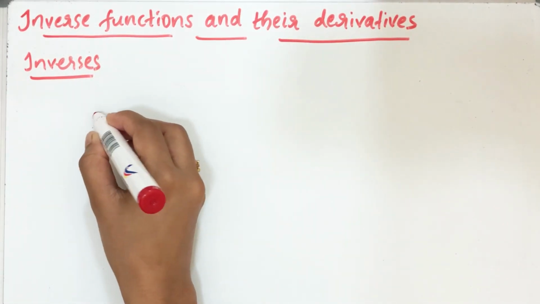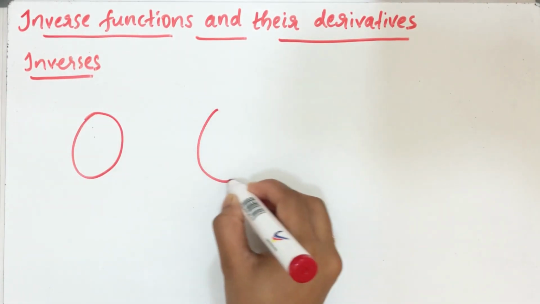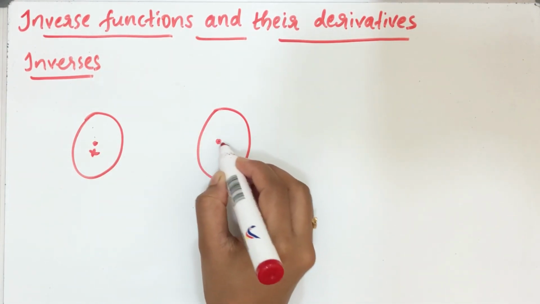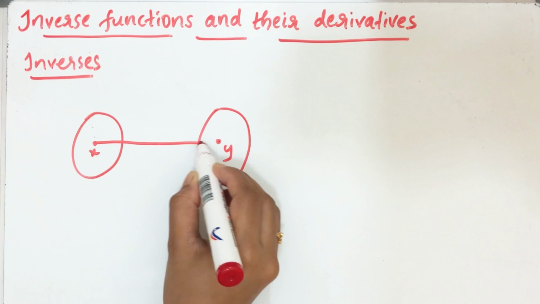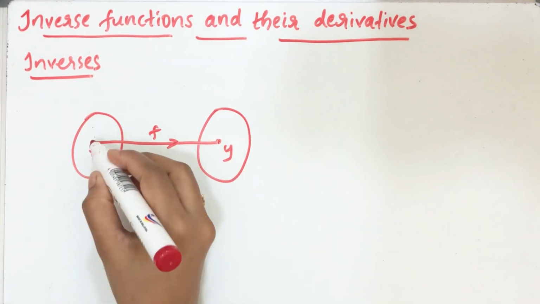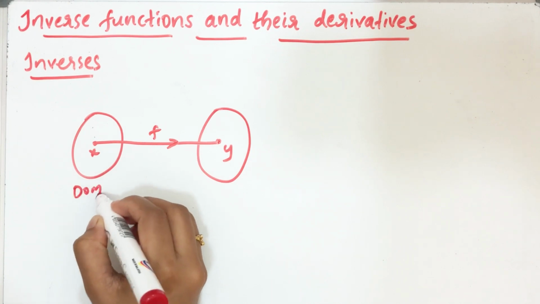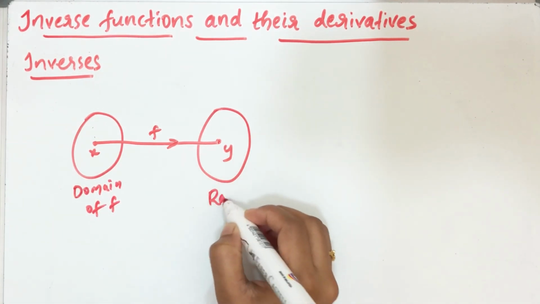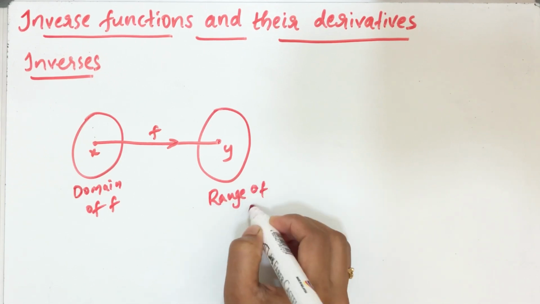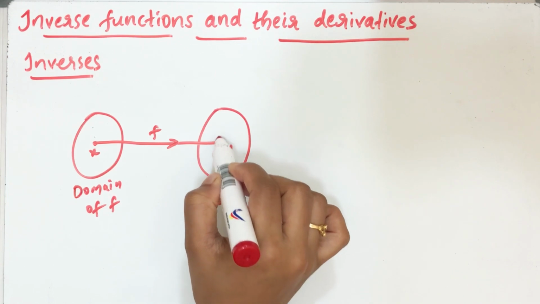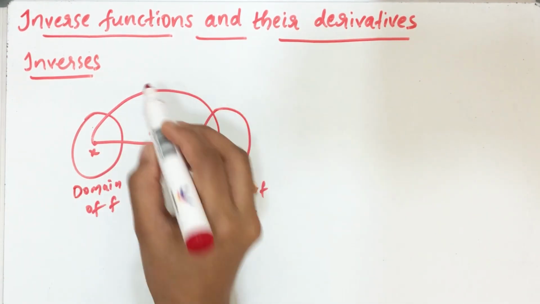See, if we have two sets x and y, take an arbitrary point x that maps to y. This is the function f, where x is the domain of f and y is the range of f. F inverse is the function from the range of f to the domain of f, like this.